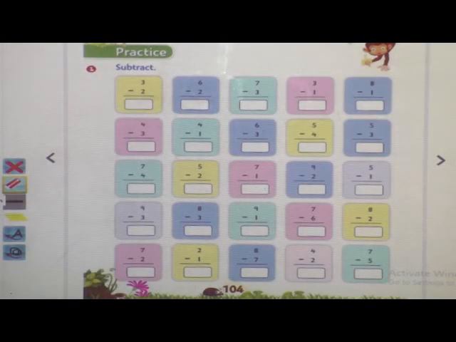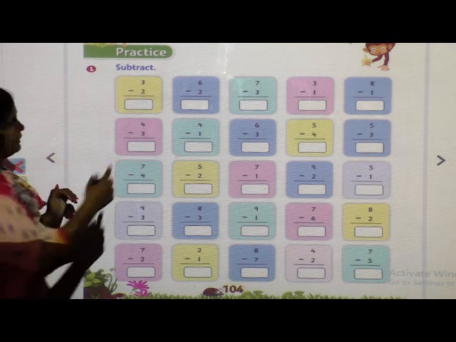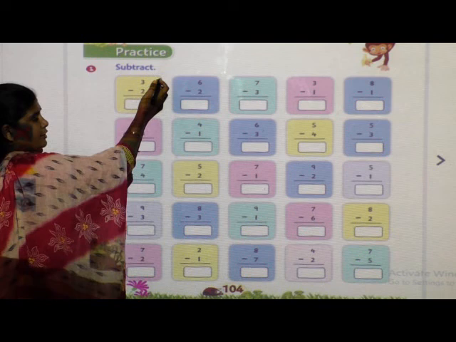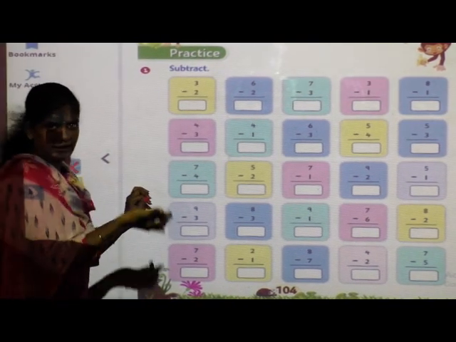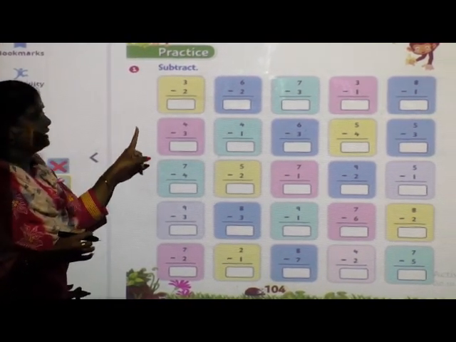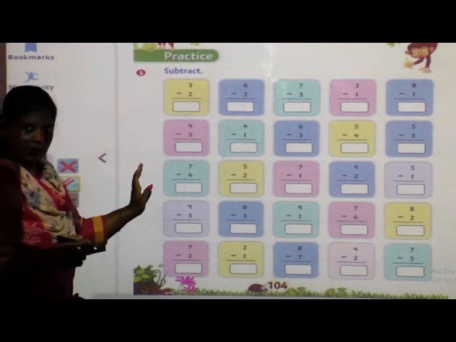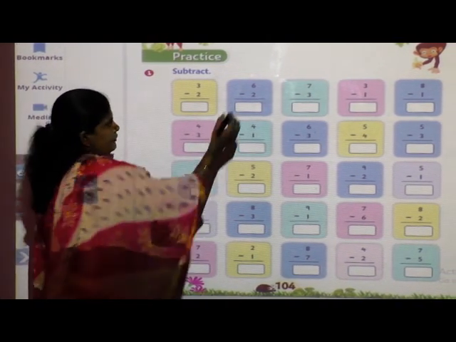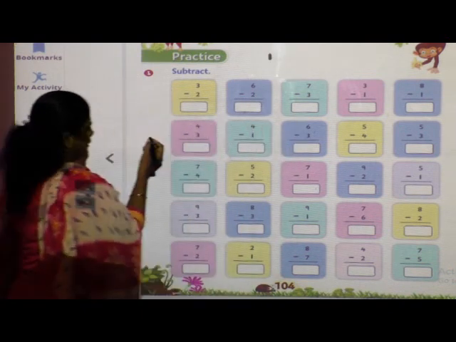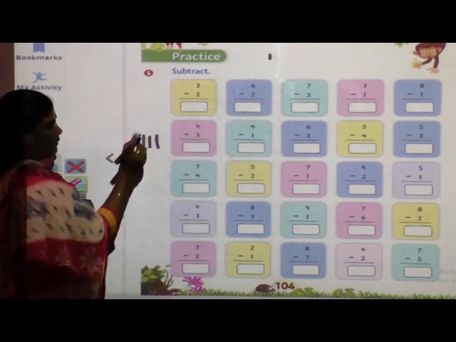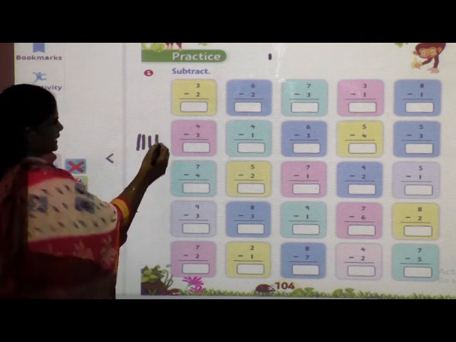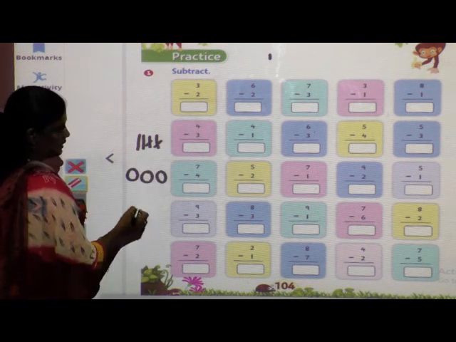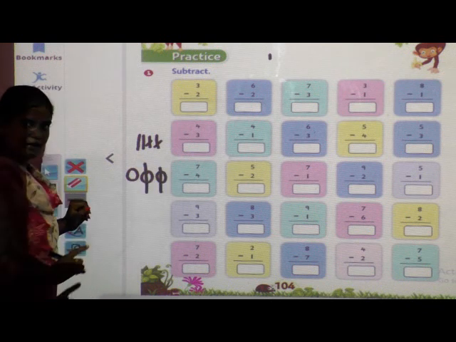In addition we were looking at the number and putting in front of it as many lines. Here in subtraction we will not put lines, but we will draw circles. Why are we drawing circles? If we draw lines, when we cross or cut the line, it will get confusing. If we draw circles, when we cut we can understand properly.